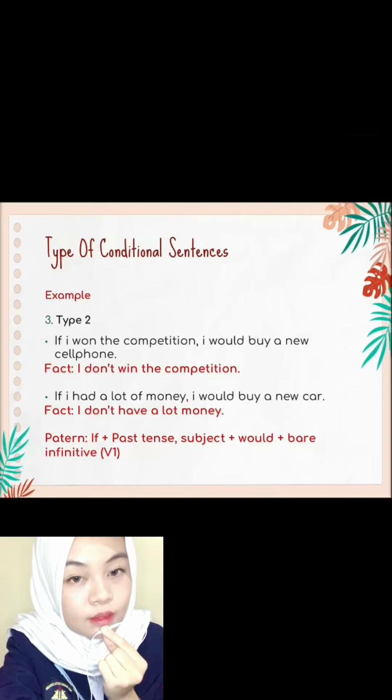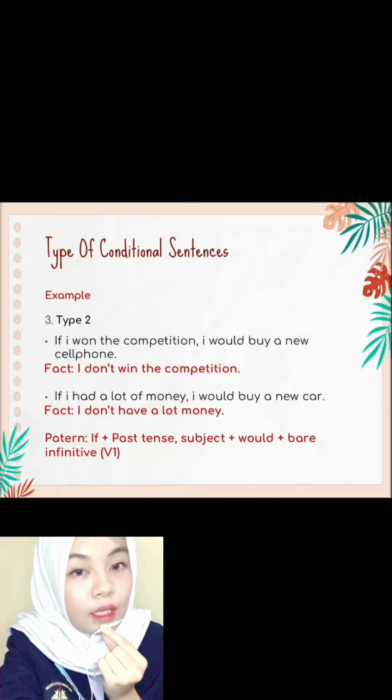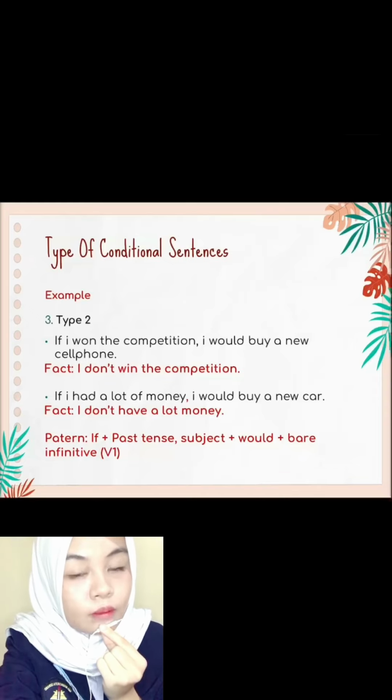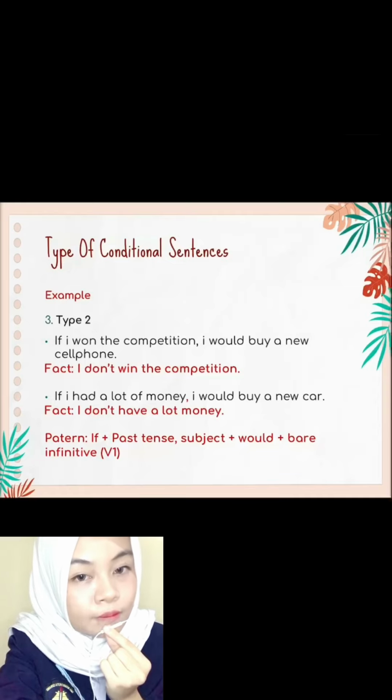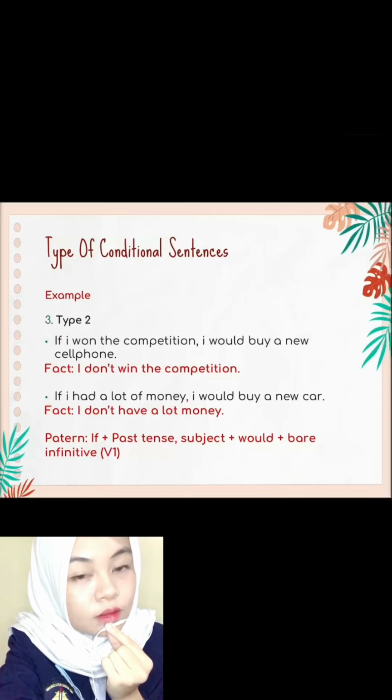But the truth is, I didn't win. So it's just something not real. The second example is like this: if I had a lot of money, I would buy a new car. But the fact is, I don't have much money, because this is an unreal statement.